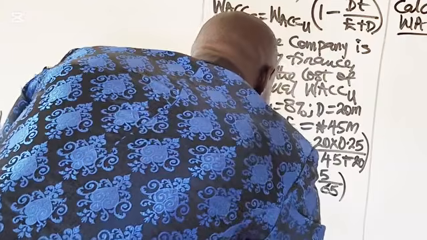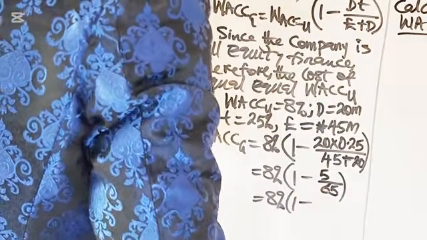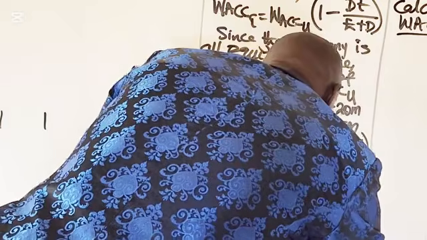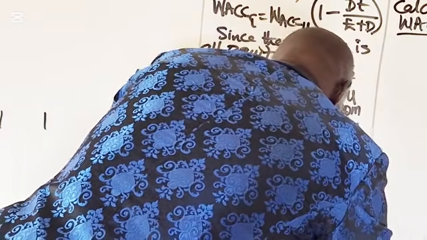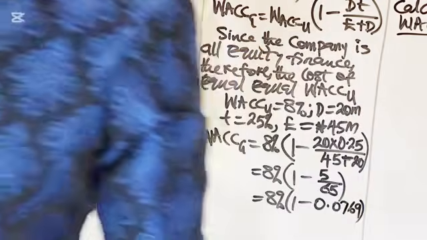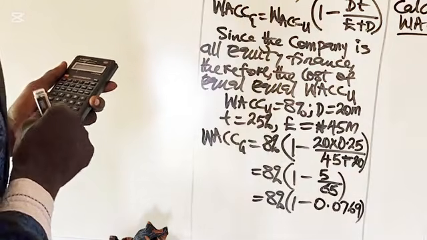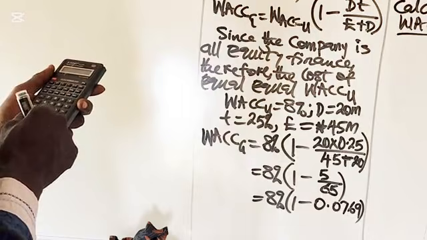So we have 8% into 1 minus 5 divided by 65, that gives us 0.0769. You subtract it from 1, then you'll be left with 0.92307.